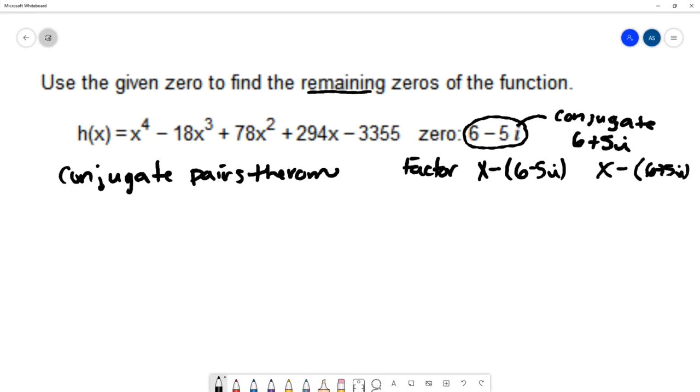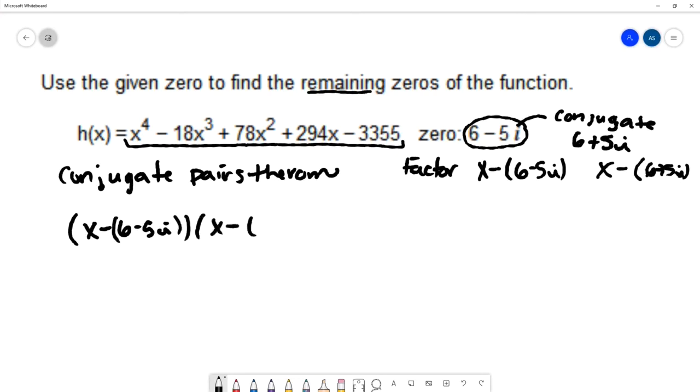I can multiply these two factors together and then use long division to reduce this polynomial down. So let's do that. Let's multiply x minus 6 minus 5i times x minus 6 plus 5i.